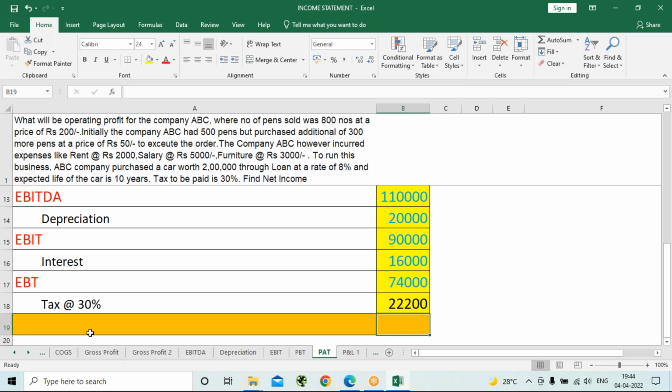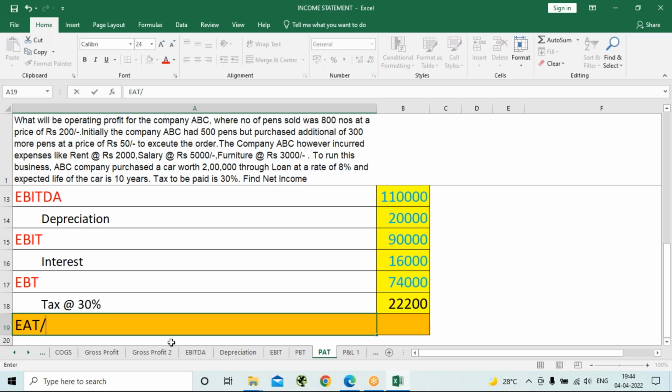This is the tax amount you are supposed to pay, and after tax, whatever is left we will call EAT, or PAT, or the net income.